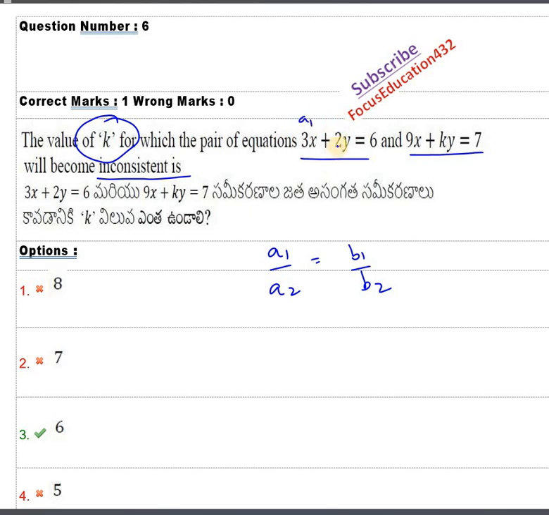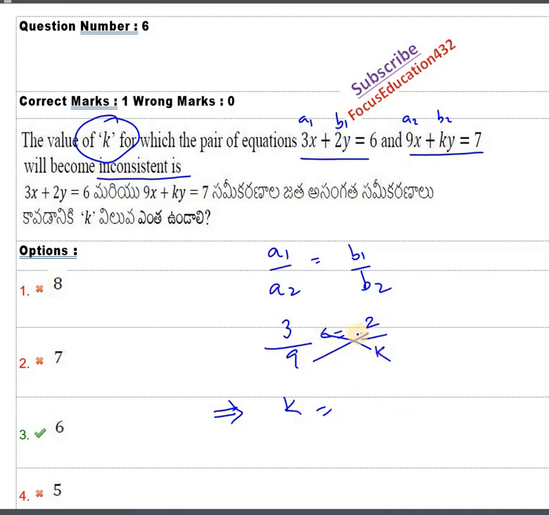B1 is 2. A2 is 9. And B2 is k. Just substitute these values. So A1 is 3 divided by A2 is 9 equal to B1, 2 divided by k. So you cross multiply, k will come here and 9 will go this side.